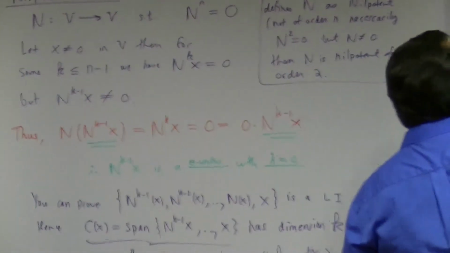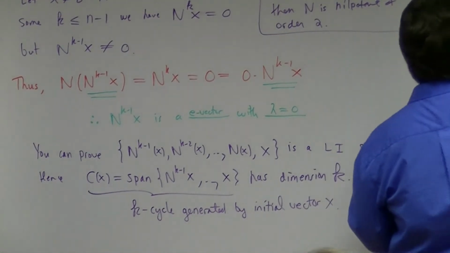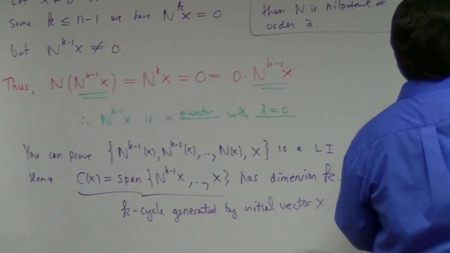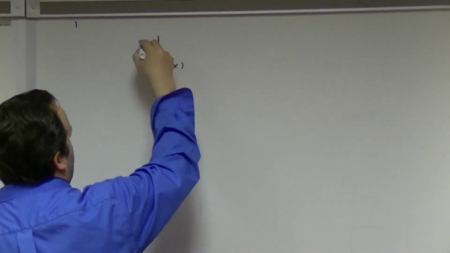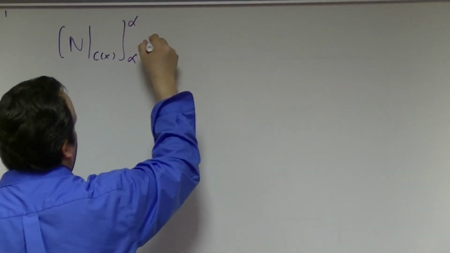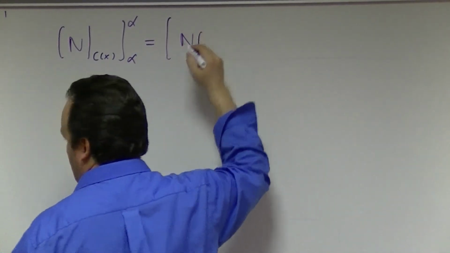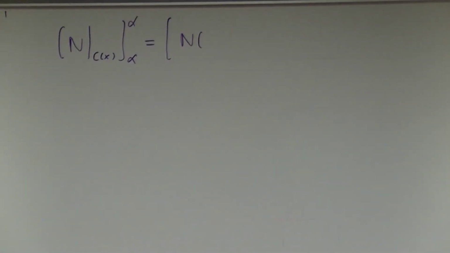Now, if you look at n restricted to C of x, this particular cycle, and you look at the matrix of that with respect to the alpha basis, using the same ordering as over here, what would that be?